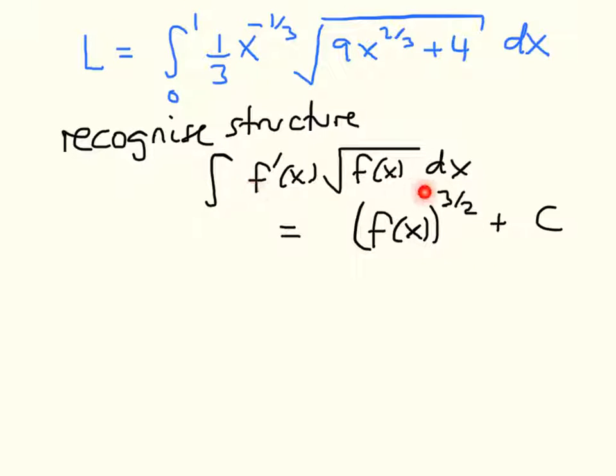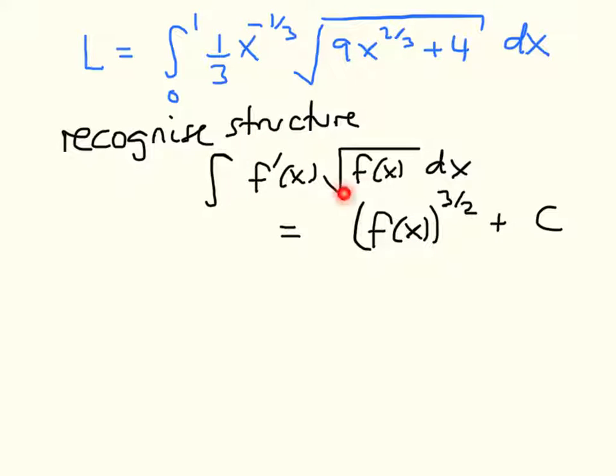Well, if this function is integrated to give this, it must be the case that if I differentiate this, I get this. So if I differentiate a function to the power of 3 halves, by the chain rule, I'll bring down 3 halves. I will reduce the power from 3 halves to 1 half, which is good, that's the square root of f, and I will multiply from the chain rule by the derivative of what is in the brackets here, and that's f dash of x, and that's exactly what I have here.